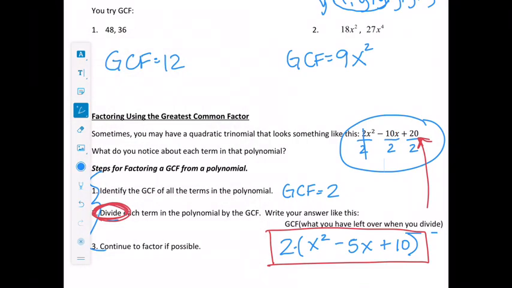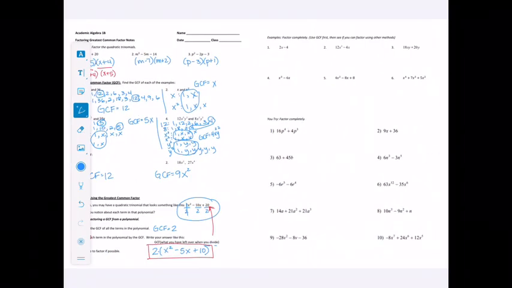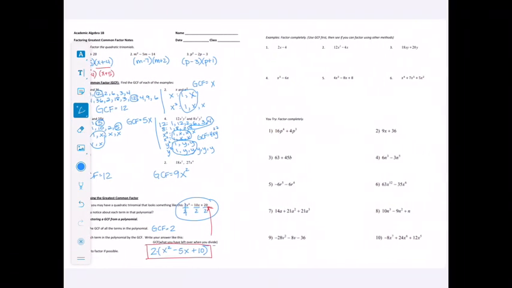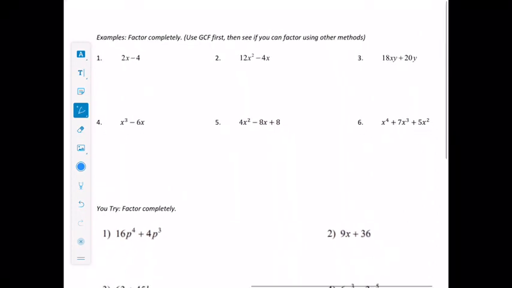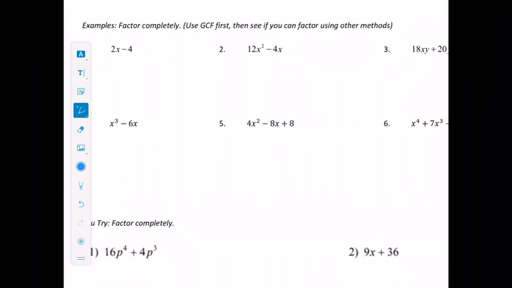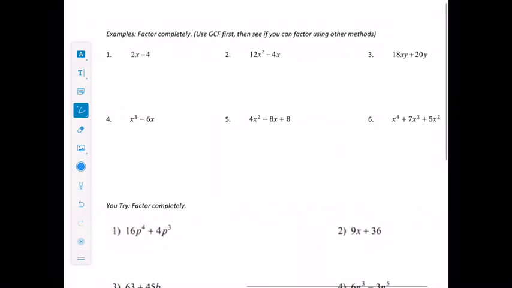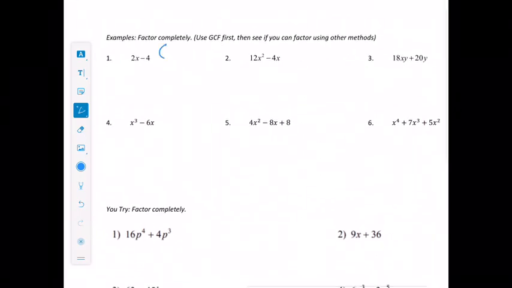All right, so now that we've gone through one problem, let's go through a couple more examples together, okay? Factor completely. Number 1, 2x minus 4. Again, I need to identify my greatest common factor first. So my GCF. What goes into 2x and negative 4?